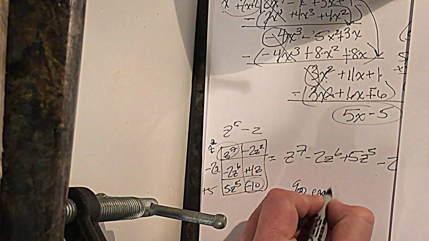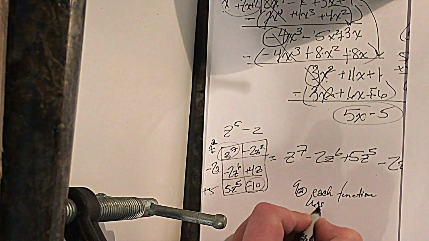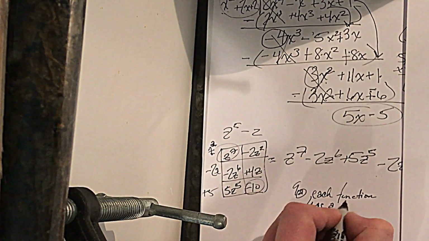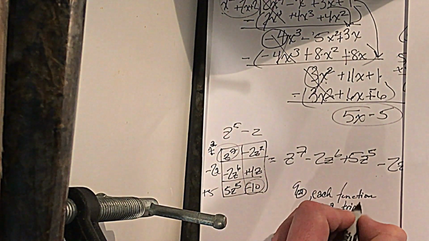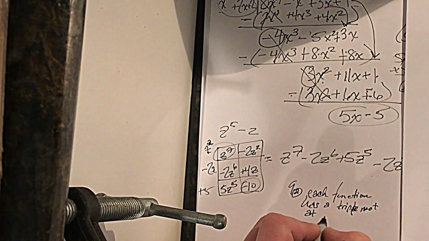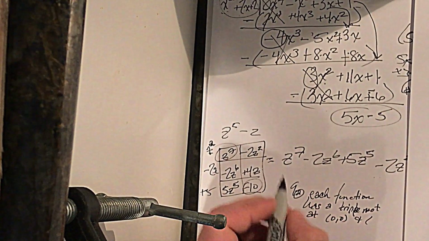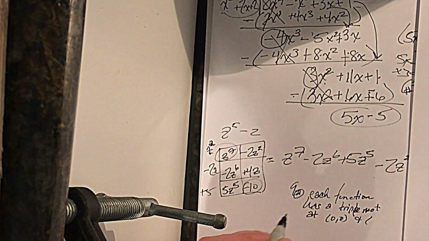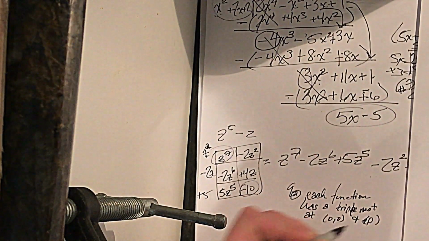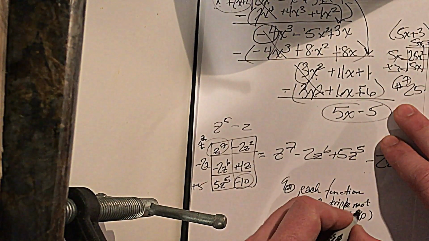So each function has a triple root at 0, 0, and the other one was negative 2, comma 0.